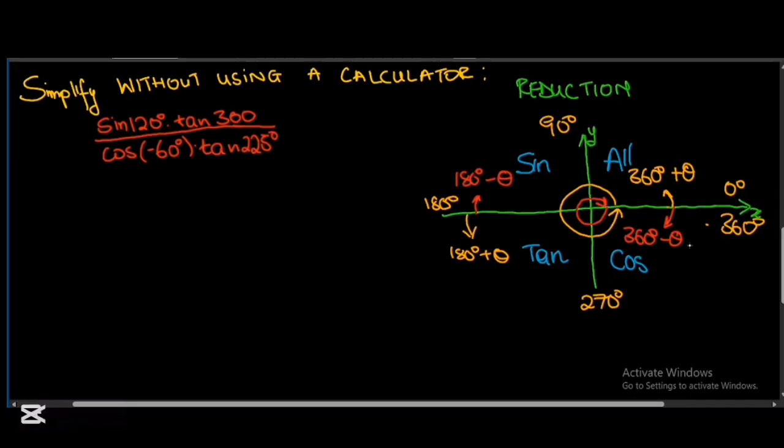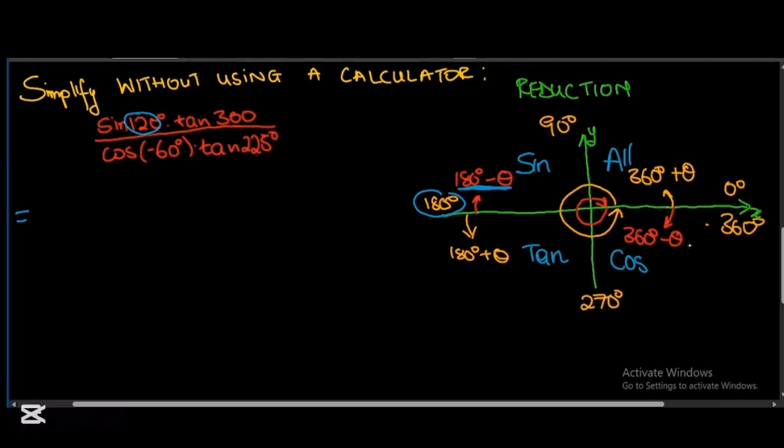So, first step, we're going to look at sine. We're going to look at this angle here, 120, right? We can see that 120 is very close to 180. Remember, 120 is 180 being reduced by a certain angle, so we are going to use this reduction, because it's 180 minus a certain angle. So we have to know this theta.